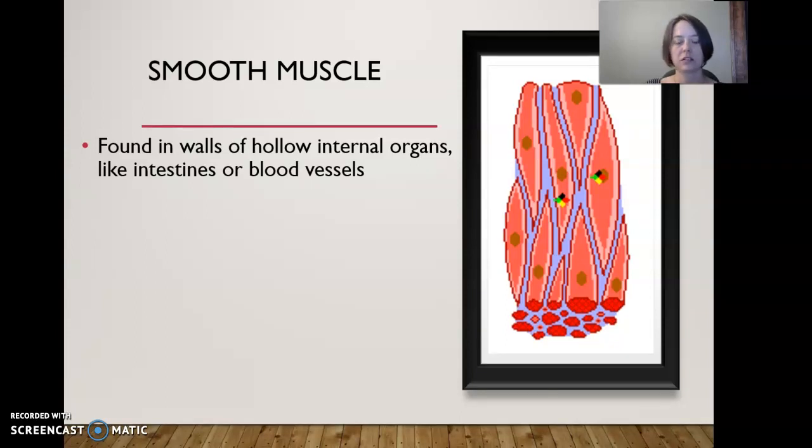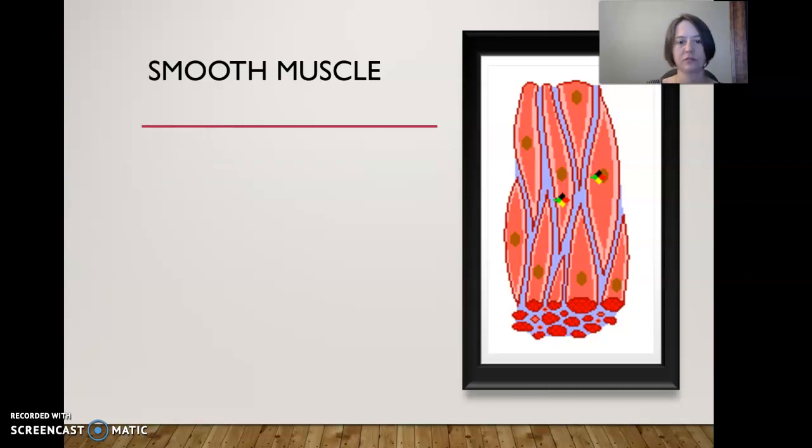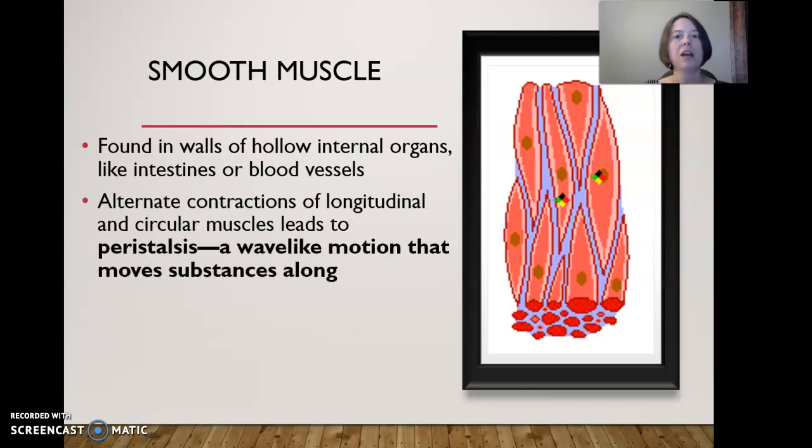They do alternate contractions of longitudinal and circular muscles that lead to peristalsis, a wave-like motion that moves substances along. So it will alternate circularly and then longitudinally and then circularly. It's hard to see it on this one. And then longitudinally, and so it kind of just pushes that food or blood along.